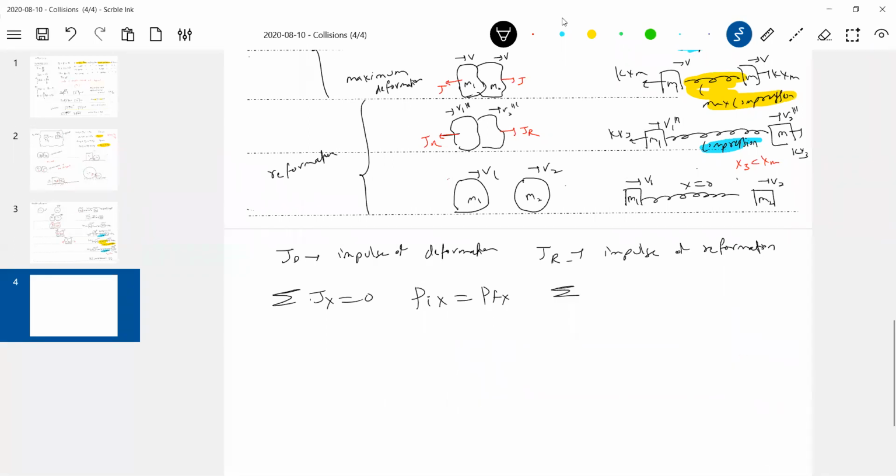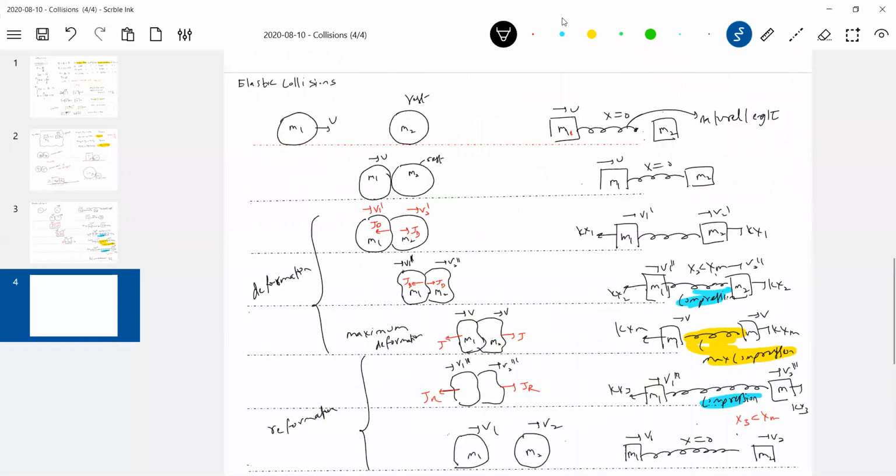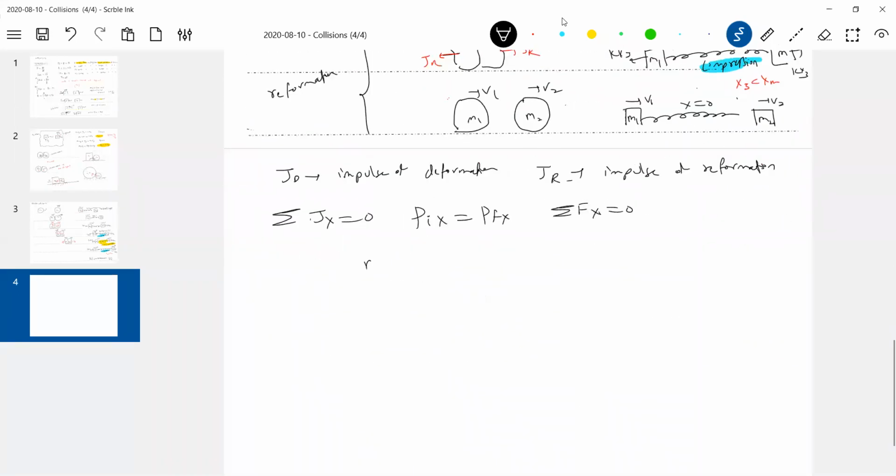Or if you're getting confusion with impulse, write Fx here. So what is the initial momentum of the system? m1u, m1u, m1v1 plus m2. Since we are discussing along x-axis, I'm not writing v1 bar, v2 bar. So this is the conservation of linear momentum.